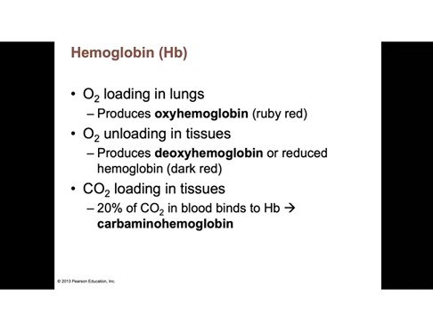Essentially, you're looking at a transport mechanism. The conditions that exist in the lungs are low CO2, high oxygen, and lower temperatures. And that all promotes oxyhemoglobin formation. The conditions in the tissues are higher temperatures, lower pH, higher CO2 content, and that promotes oxygen unloading by hemoglobin.